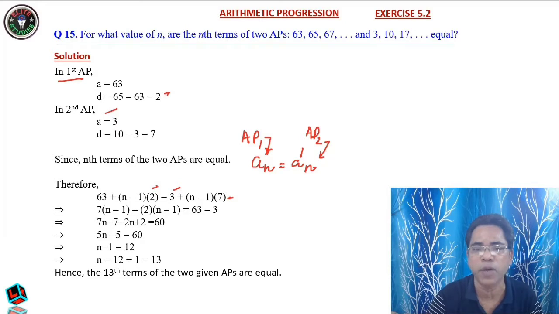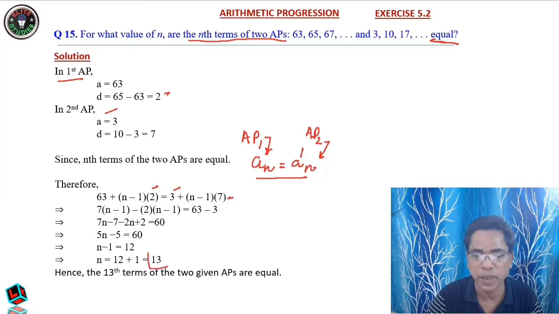Now, if you put the values of a and d and solve for n, we get n is equal to 13.